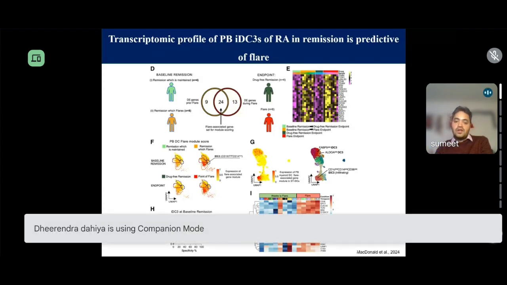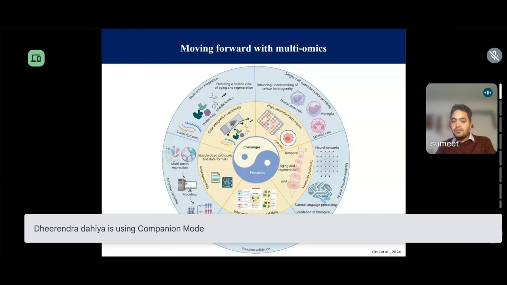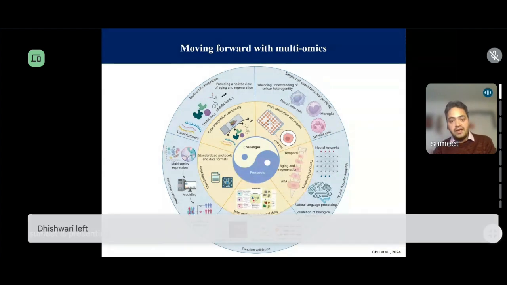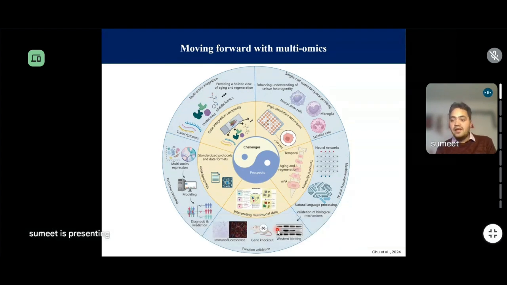So based on all this, we are moving forward with multi-omics. Multi-omics is a field which is moving at an unprecedented scale in different areas. For example, I mentioned spatio-temporal profiling, meaning you can look at the cells in space and with time.